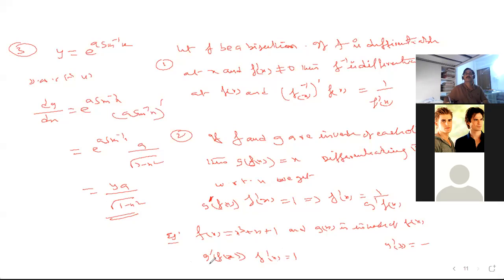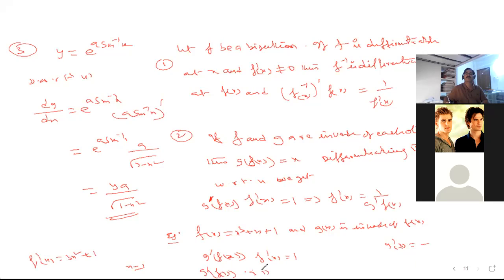क्या लिखना पड़ेगा अपने को? g dash 3 is asked. So don't get confused. If I take x is equal to 1, then g dash f of 1 into f dash 1 is equal to 1. What is f dash x? 3x square plus 1.